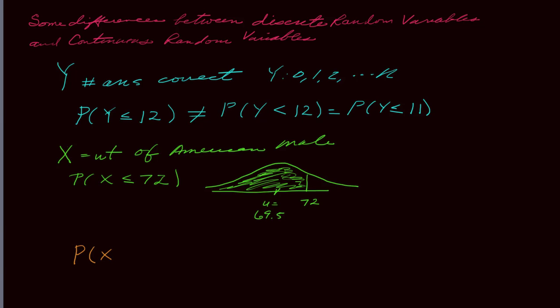Now let's consider the probability that x is strictly less than 72. This is also an area under the PDF for the normal random variable. So let's sketch it out. It looks symmetrical, and the high point is right over the mean, mu equals 69.5. And over to the right is the value 72.